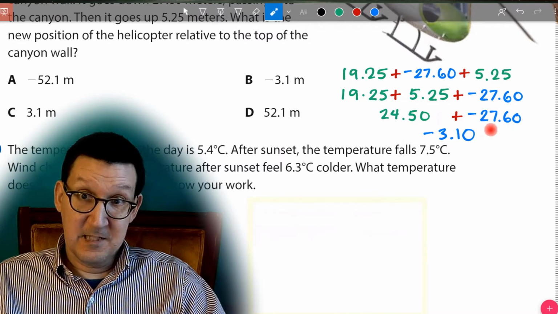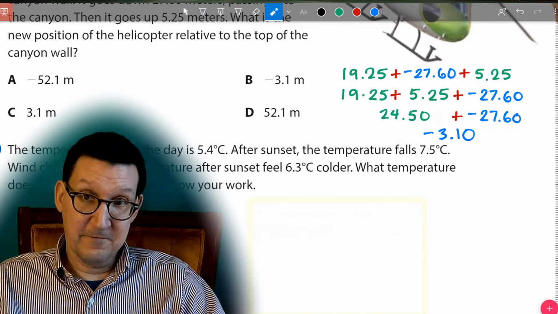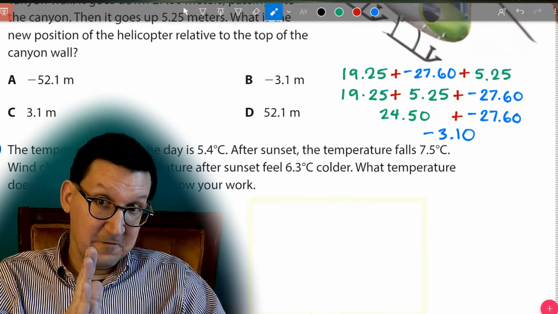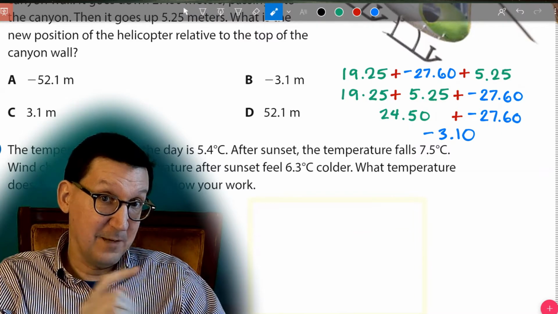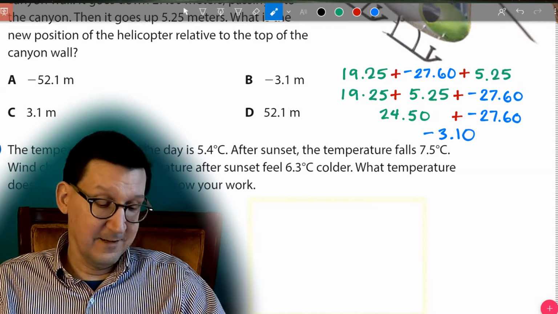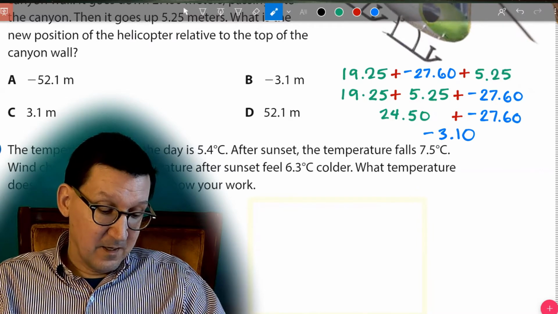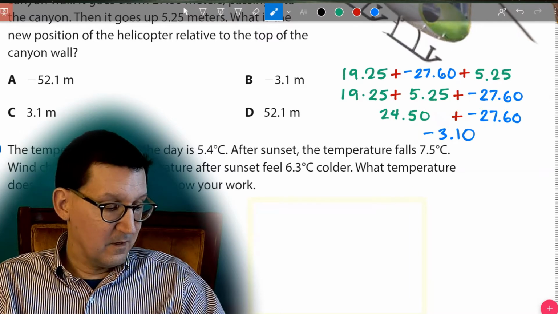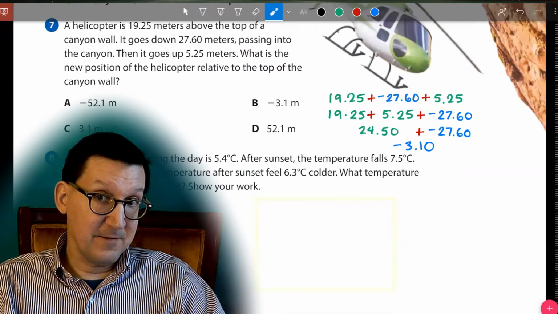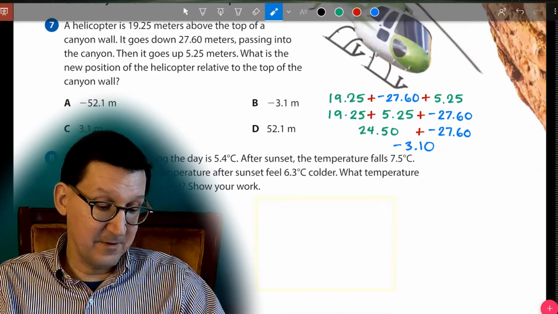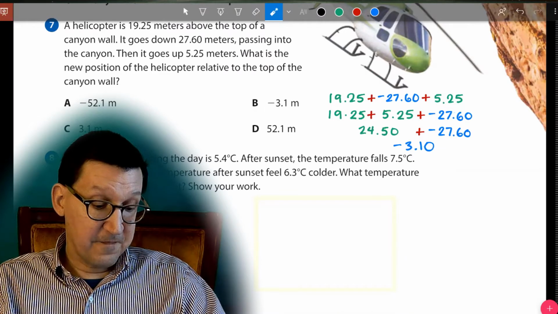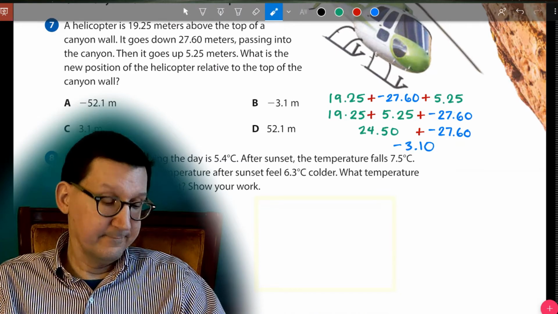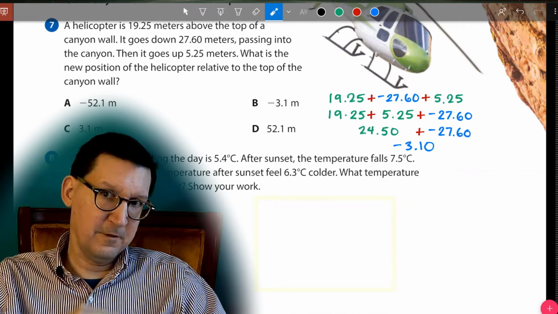Because if we take 27.6 away from 24.5, then it's going to take 24.5 away. It'll still have further to go, so that pushes it into the negative land. That's why we use a negative as the answer. And the answer is negative 3.1. So the new position of the helicopter relative to the top of the canyon wall is 3.1 meters below the canyon wall. So it's ending a little bit lower than ground level.